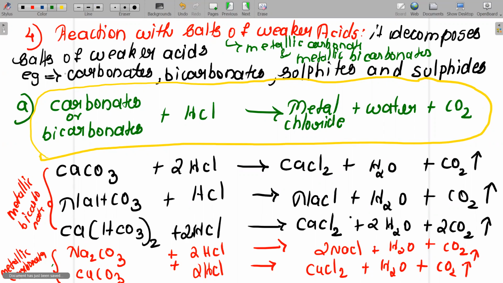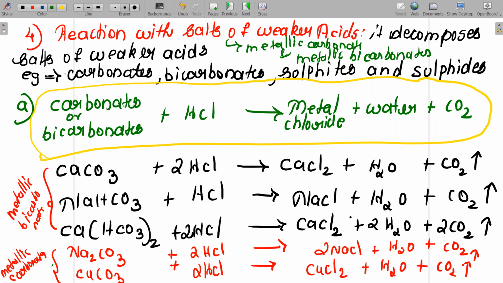Understood? To remember that reaction, sir introduced one small equation: when carbonates or bicarbonates react with HCl, you will get that particular metal chloride plus water plus CO2. Understood? We have done two sets of reactions, the first one with metallic bicarbonates.